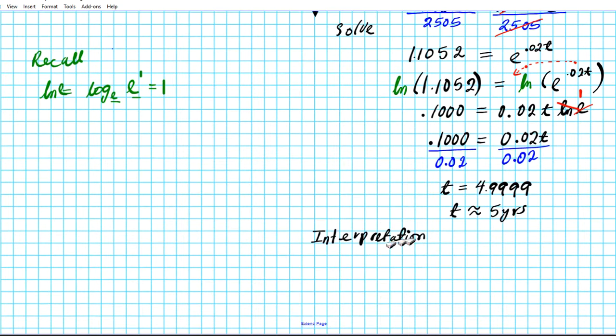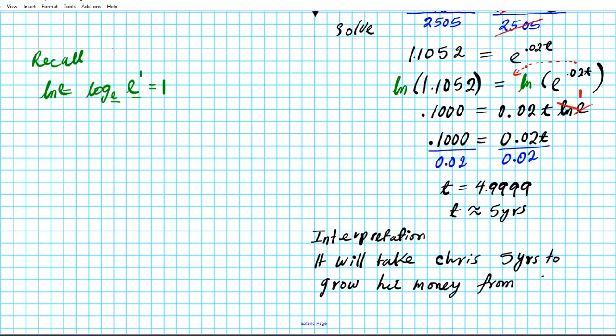So what this t means is that it will take Chris 5 years to grow her money from the initial amount of $2,505 to the target amount, which is $2,768.45. So this is what the answer means.